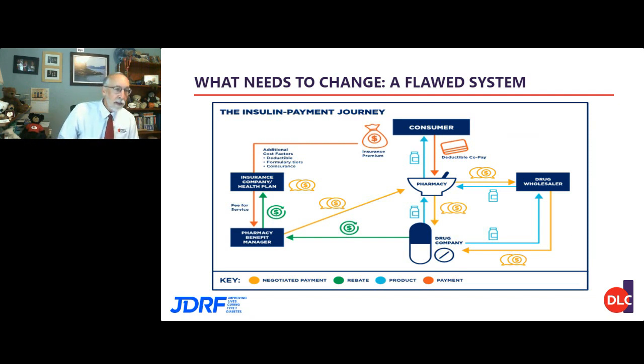Now, the pharmacy benefit manager is keeping a piece of those rebates and sending the balance up to the insurance plan or the self-insured employer, like my company. We're self-insured, so that's coming up to you. And the self-insured employer is taking that rebate, and you're getting probably 90% of that rebate. What we know from the state of Texas is the pharmacy benefit manager is keeping around 10 or 12%.